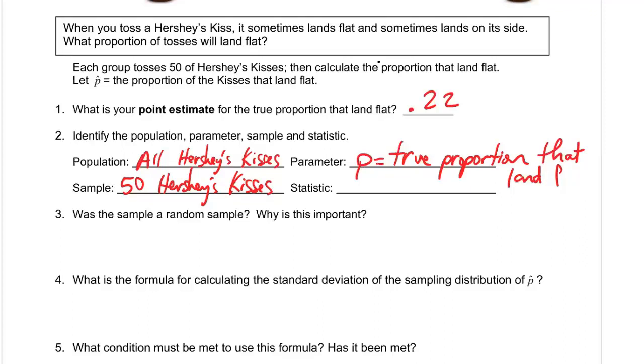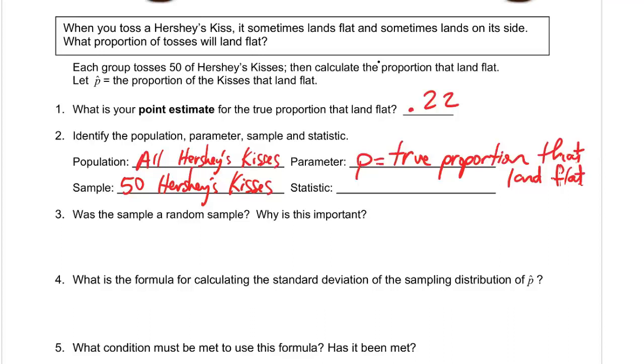There's two sides. It's equal. But there's no real clear indication just by looking at a Hershey's Kiss how many times it will land on its side versus its base. So my estimate is 0.22, but who's saying that that's the actual number? So P is standing for whatever that actual number is out there. Like if you did this 1,000,000 times, what proportion is it getting closer and closer to? That would be the law of large numbers.